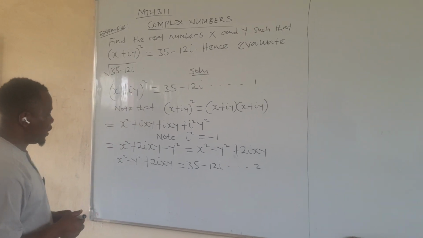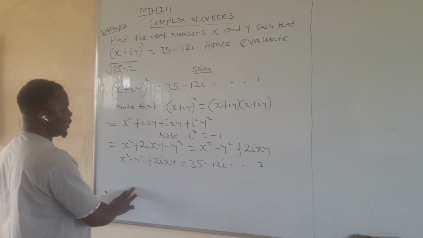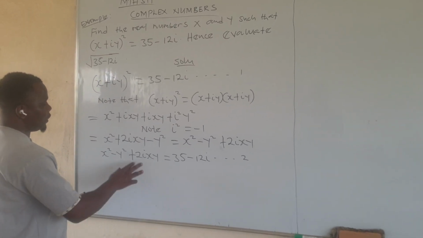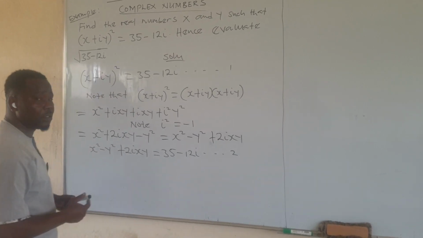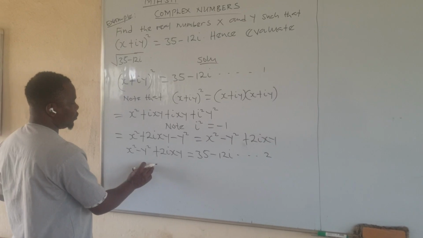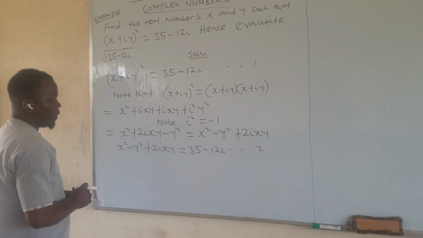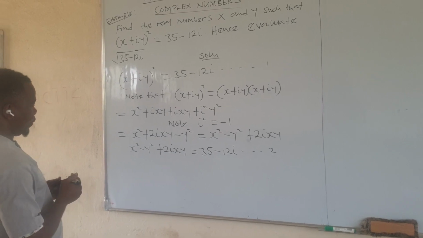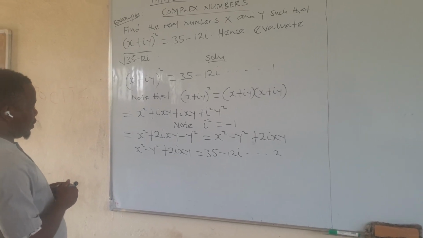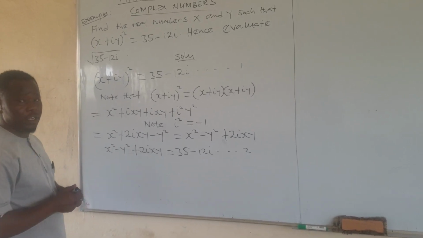So if you agree with me, we are going to equate the real parts to the real parts, then the imaginary to the imaginary. Okay, so it implies that this equation will generate two equations. Is that clear?